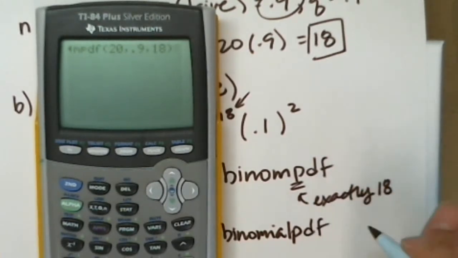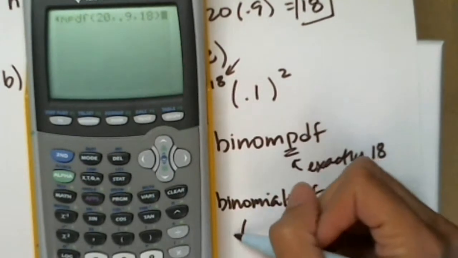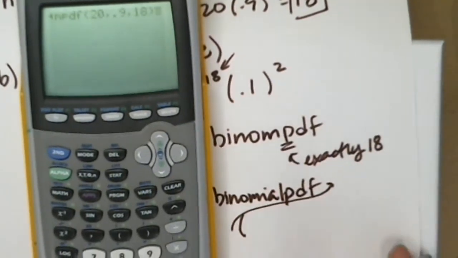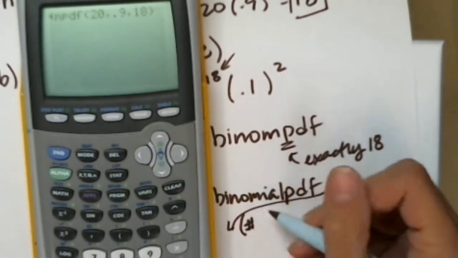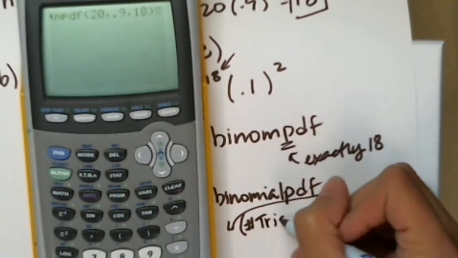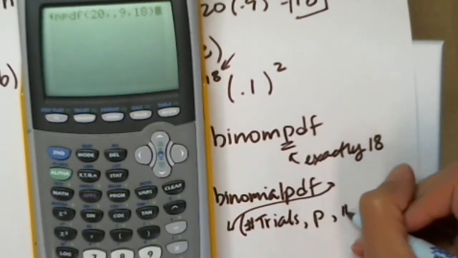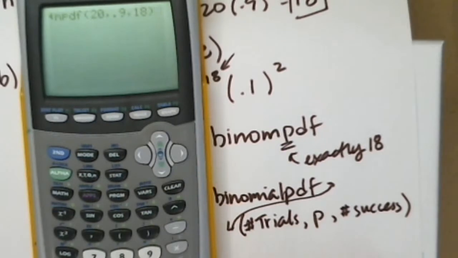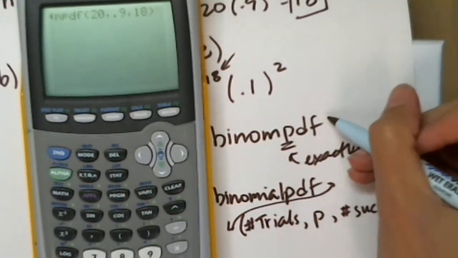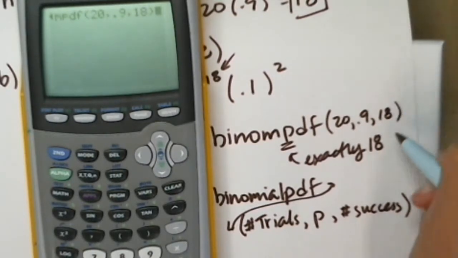I don't remember what the abbreviations are. And then inside the parentheses, which are actually right here, you're going to put the number of trials first, followed by P, followed by the number of successes. So our binomial PDF shows up as 20, 0.9, 18.